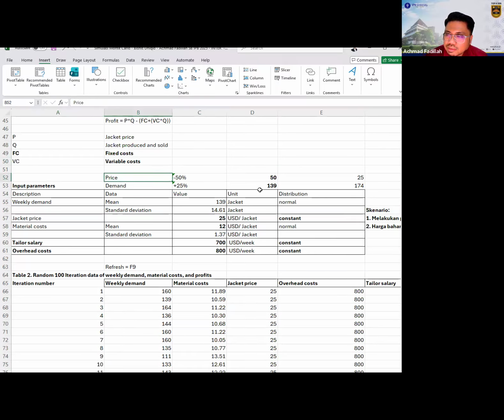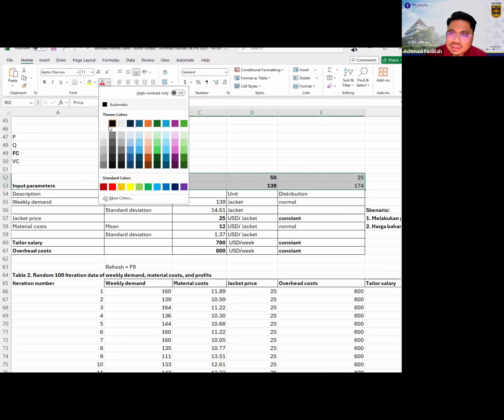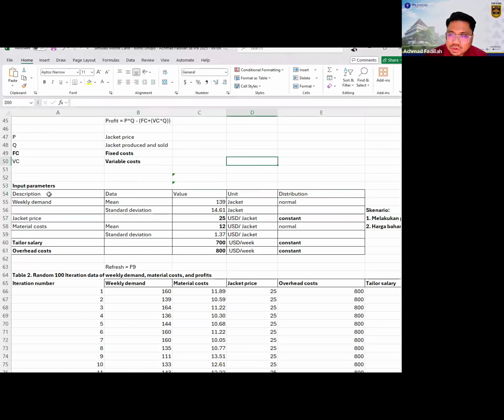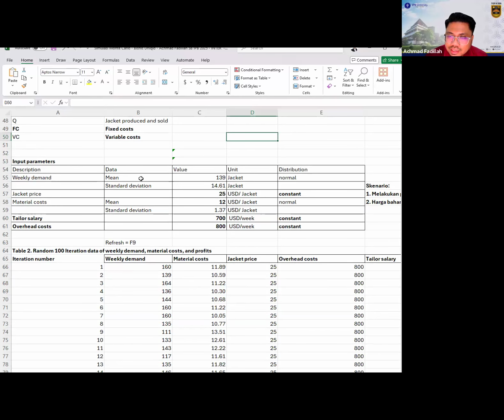Then please only focus on the data in the table. This is the scenario, we will discuss it later. I'll make this white first. Okay, just focus on this. We have several data.